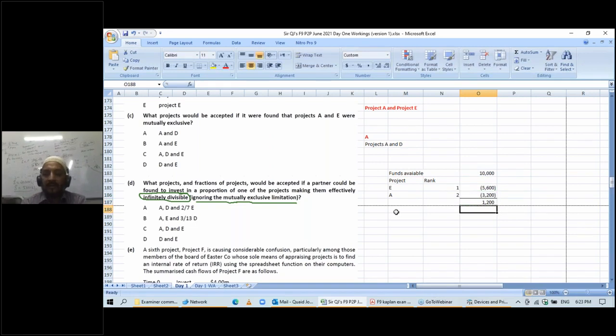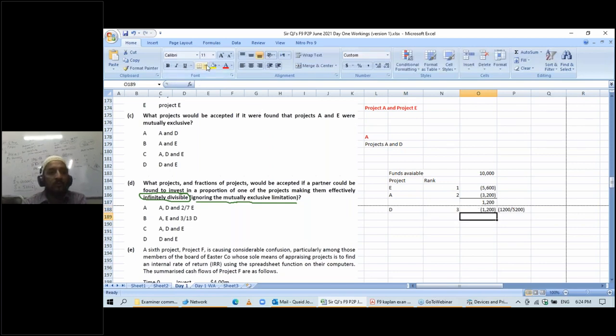And then the next ranked project is D. The rank of project D was 3 with respect to the earnings. Now, in case of project D, the total investment amount was 5,200. So you cannot invest all of it, but you know that you have a partner, so you will invest 1,200 out of it, and all of your funds are utilized.